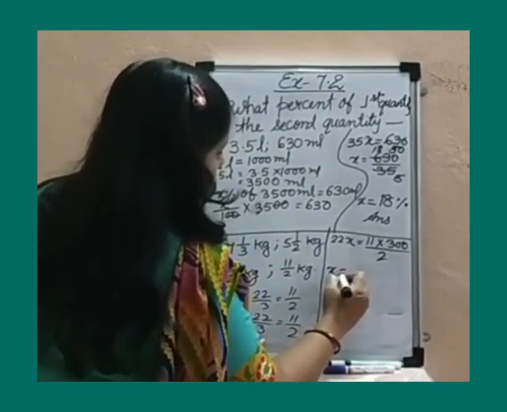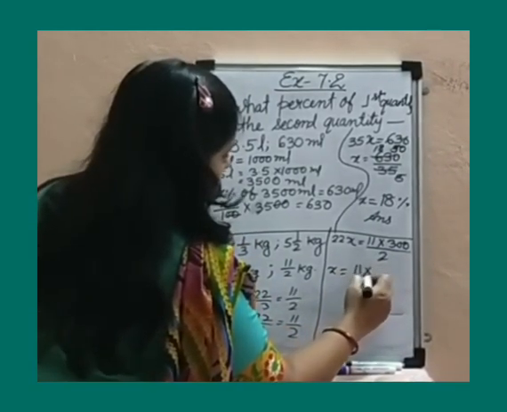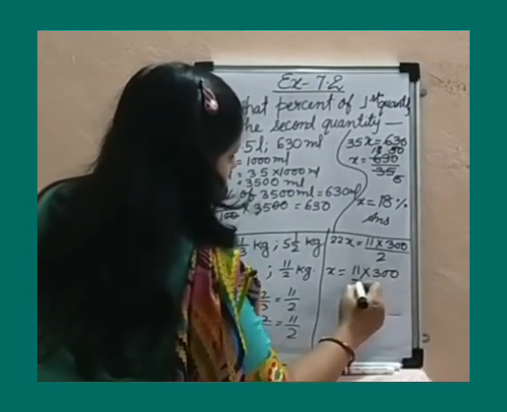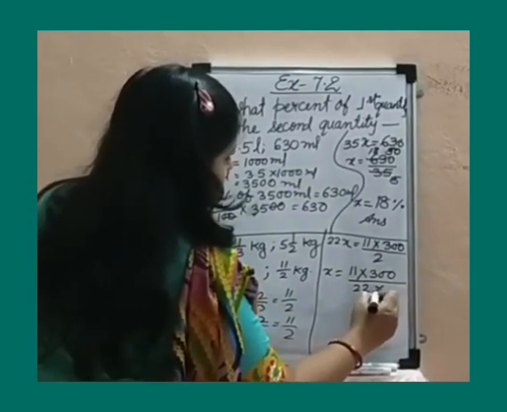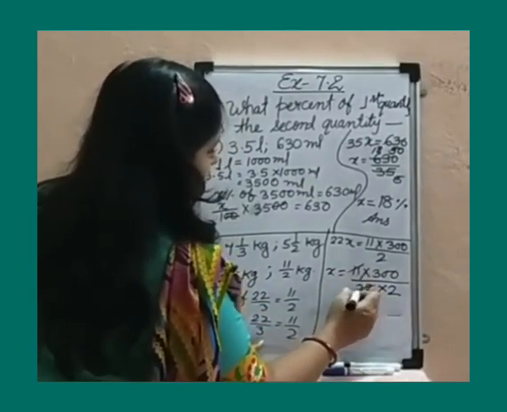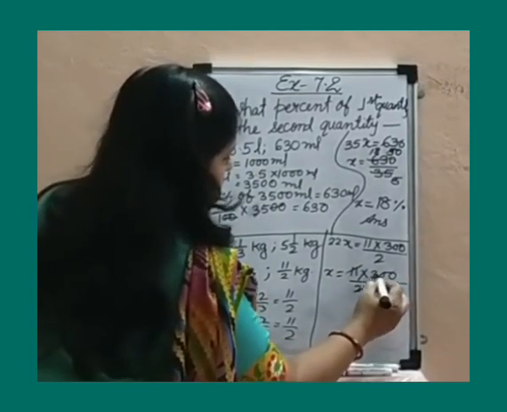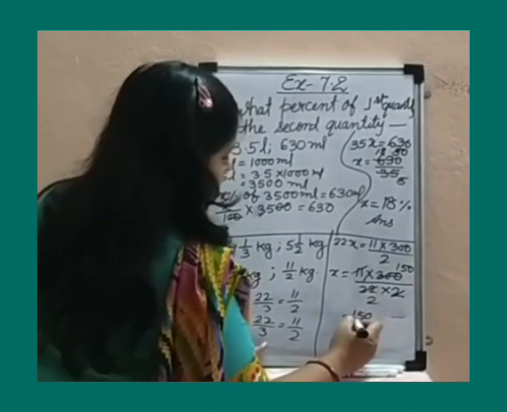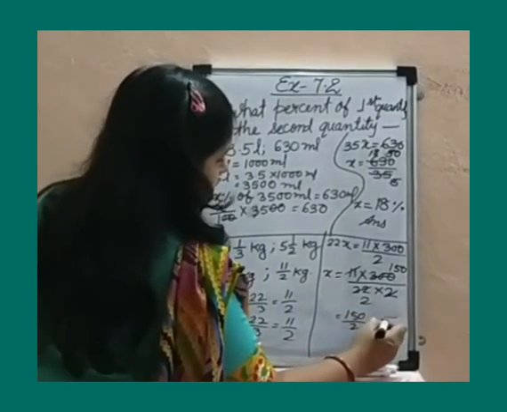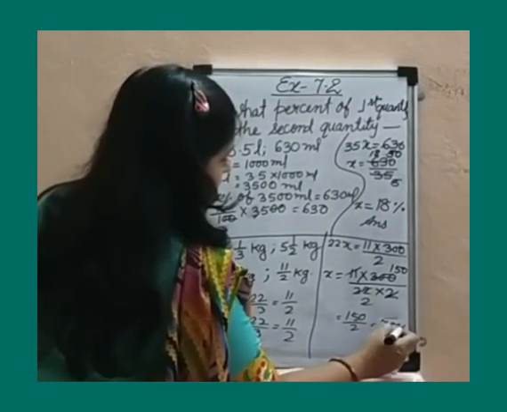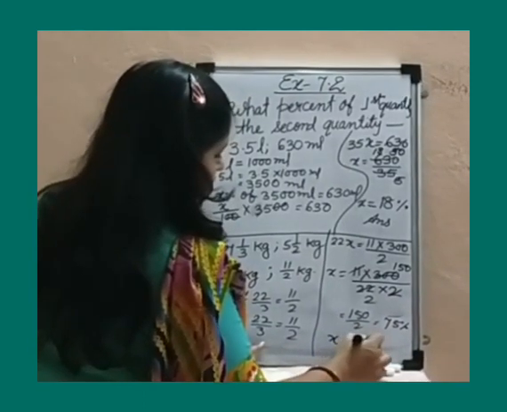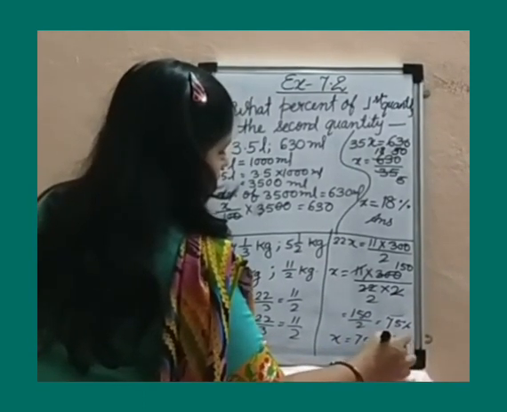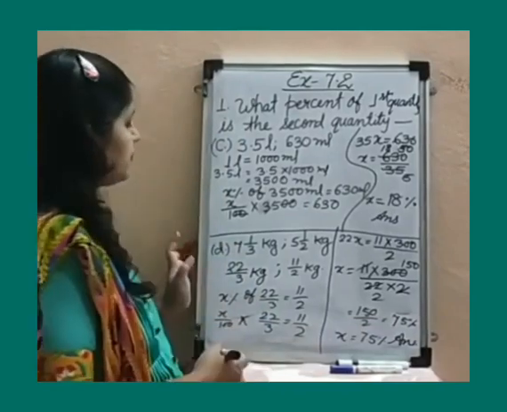Now x equals 11 into 300 upon 22 into 2. 11 2s are 22, 150, 150 upon 2, 75%. X equals 75%, answer. Now next question.